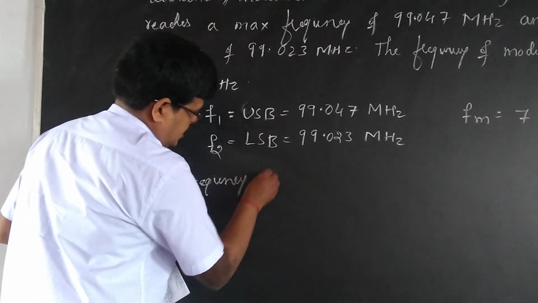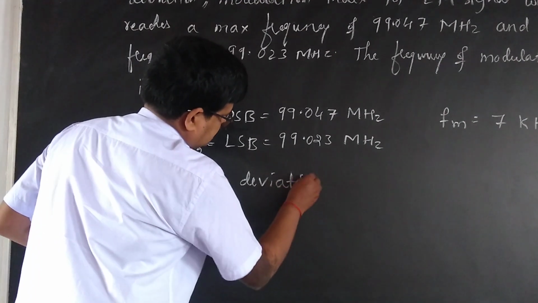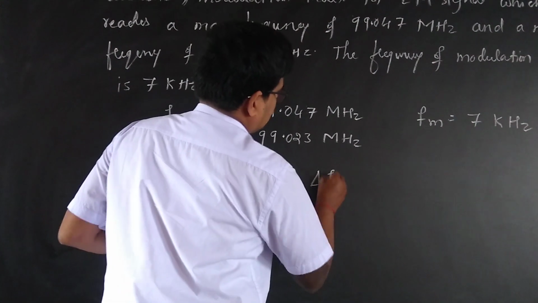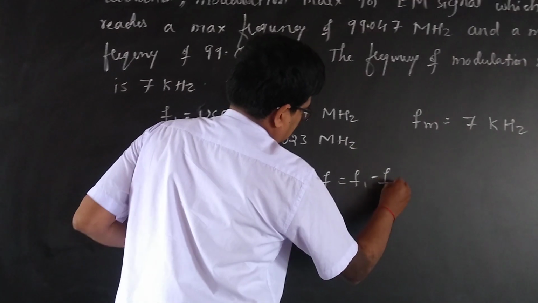So first we can calculate the frequency deviation immediately, because the frequency deviation, delta F, is equal to F1 minus F2.